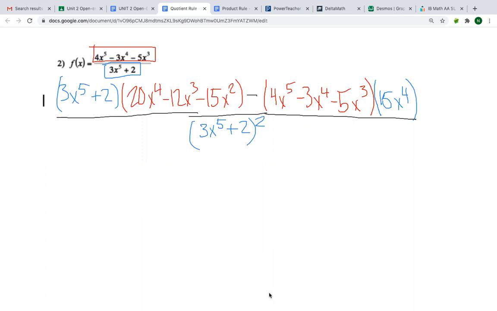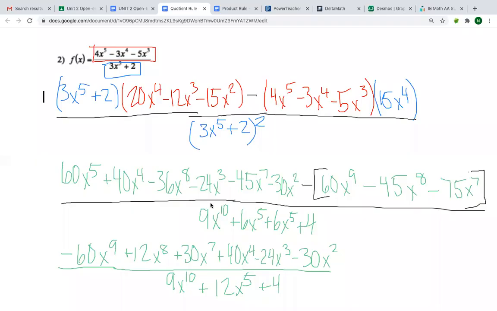Okay, so here is the final answer here at the bottom. Again, you can check my work. It's possible I could have made a mistake, but just make sure that you distribute that negative. So it would become negative 60x to the 9th and plus 45x to the 8th and plus 75x to the 7th before you simplify. But I'm pretty sure that's it.